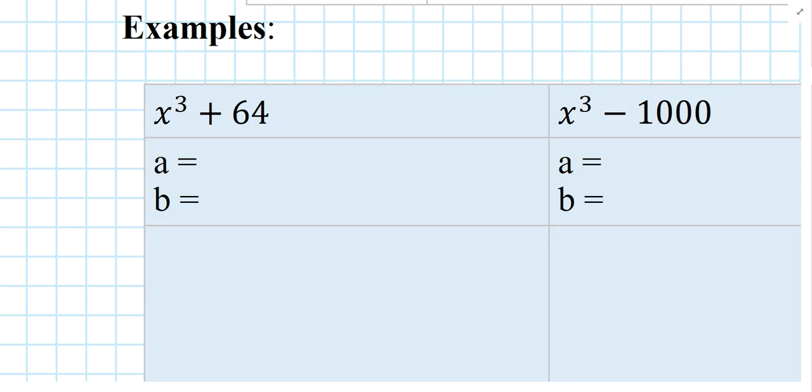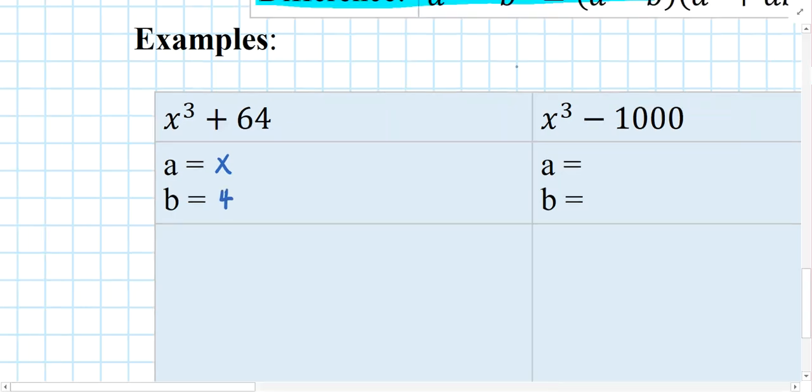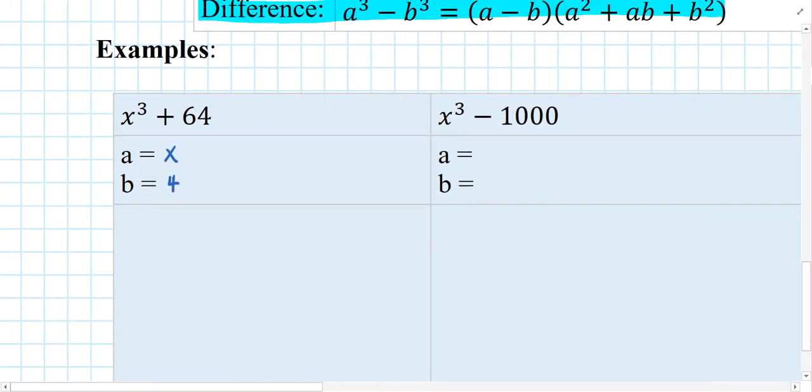The cube root of x cubed is x, and the cube root of 64 is 4. By following the patterns shown above, we see the polynomial finish factoring like this.